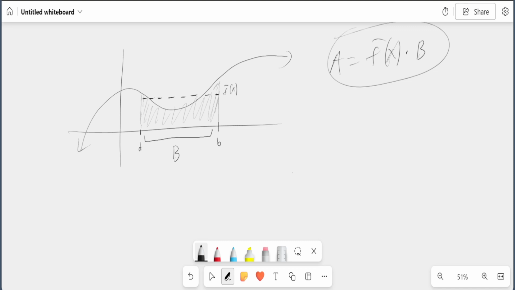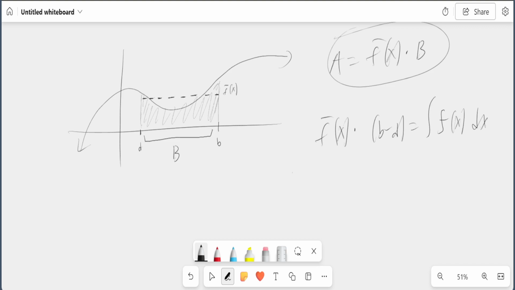I think you set the area equal to the integral of f of x from a through b, and then the base is just b minus a, and then you solve for f bar of x. So f bar of x times b minus a is equal to the integral.